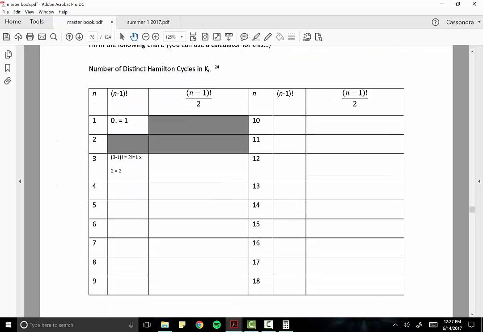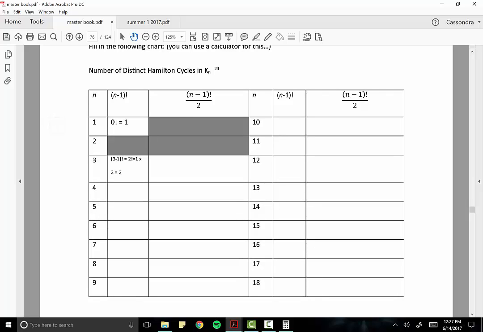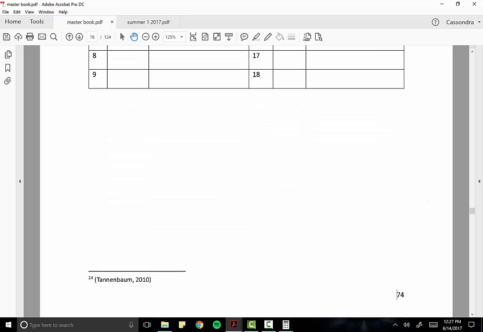So what you need to do here is just fill in this chart. Now the reason why we have n minus 1 factorial for the number of Hamilton cycles, and n minus 1 factorial divided by 2 for distinct Hamilton cycles, is because, let me draw an example so we have something to go on. I'm going to go ahead and draw a K4 down here.